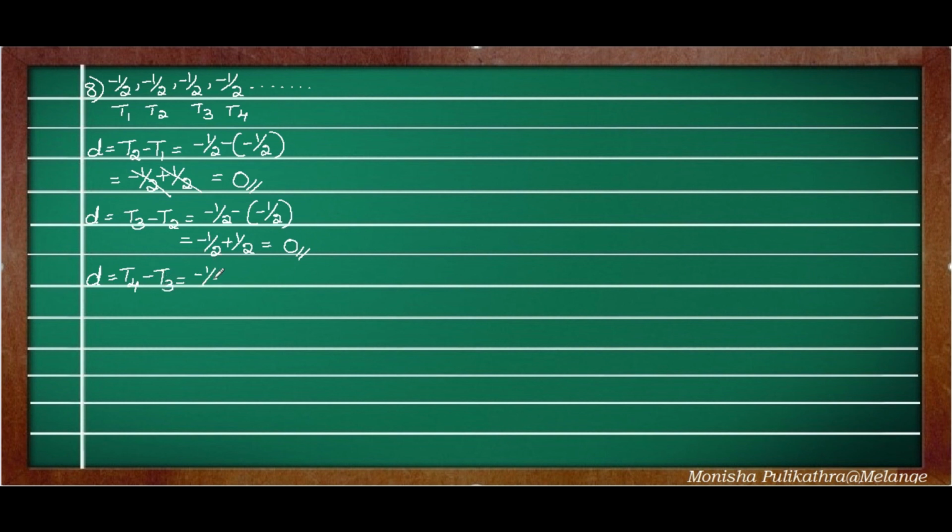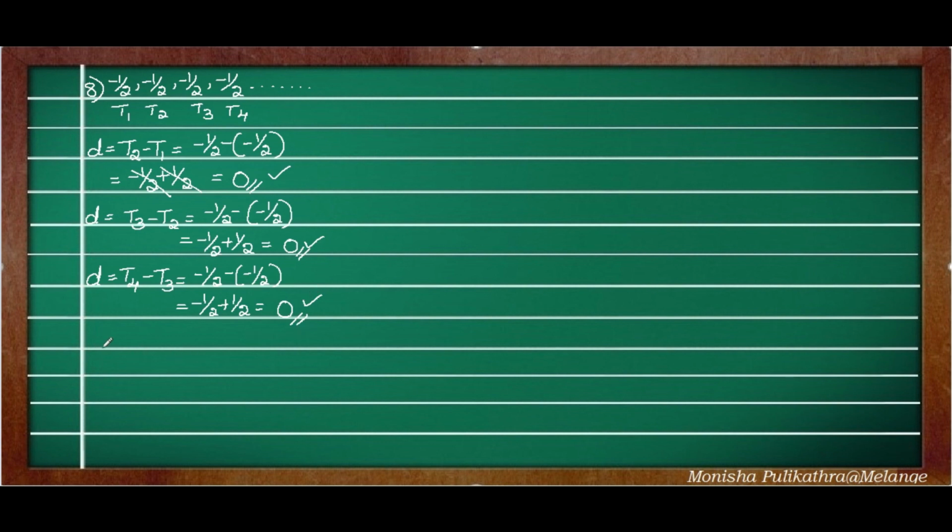It is again minus 1 by 2 minus of minus 1 by 2, so it becomes minus 1 by 2 plus 1 by 2, which cancels to 0. You can also write it as it is; there is no need of cancelling. The common difference is constant. The common difference turns out to be 0.